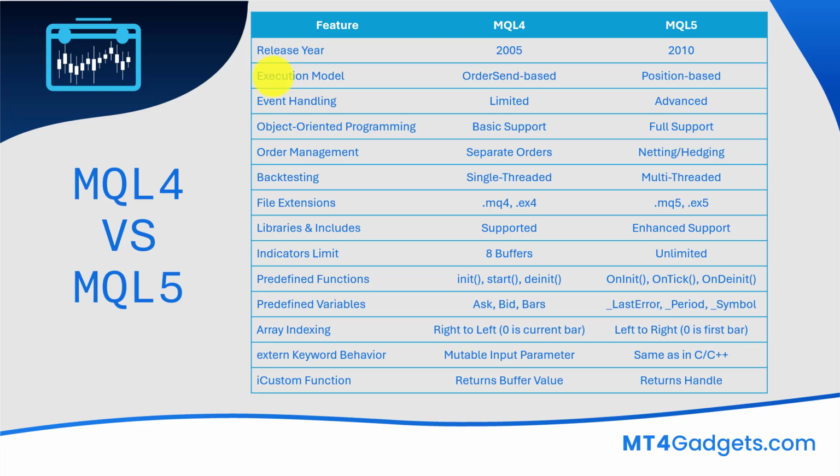In MQL4 the buffer value is returned, while in MQL5 it returns a handle. I know it might not make much sense. It will make more sense when you start coding. If you have been coding with MQL4 for a while, you will find this a bit different to adjust to, but it's really just a first adaptation, and then you will find that using the handle is actually very useful.